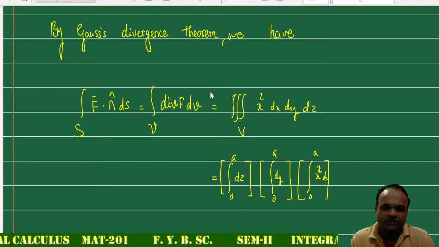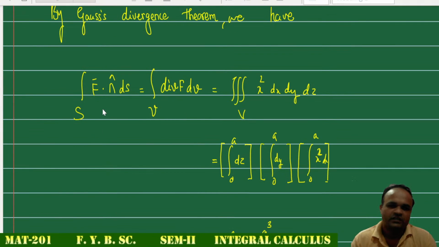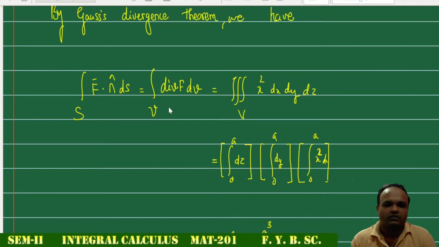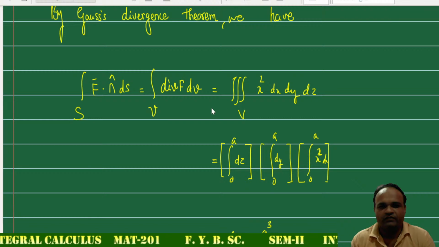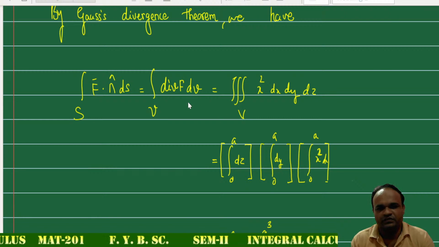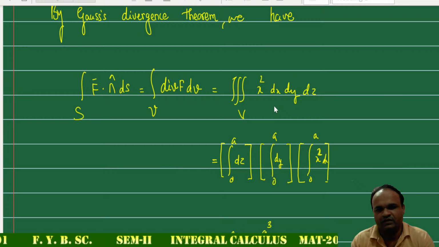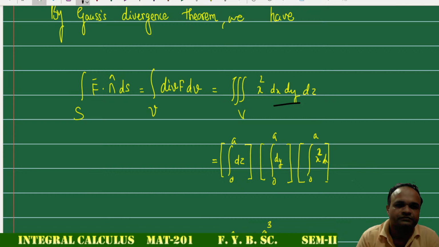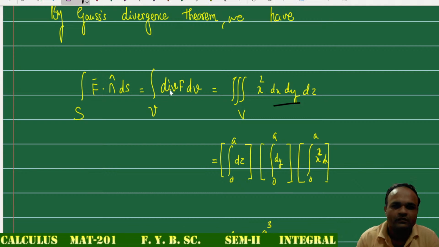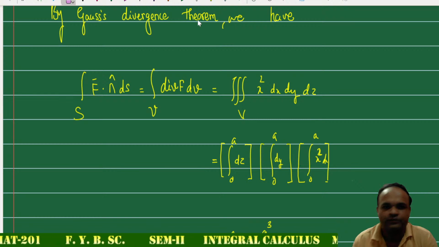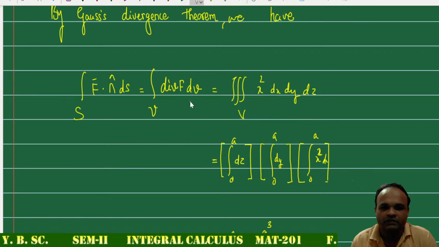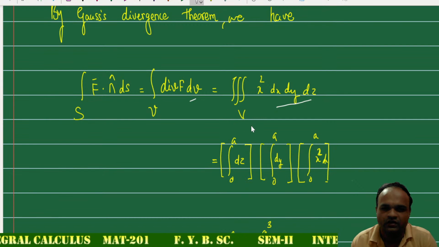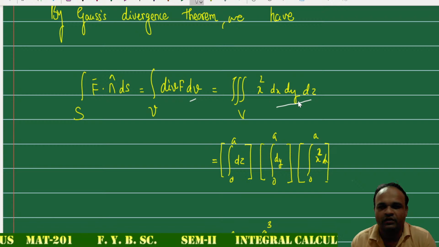Using the Gauss divergence theorem, we have the surface integral of f bar dot n cap dS equal to the volume integral over region V of divergence of f dV. We have already found the divergence of f, so let us put this in, and dV will be dx dy dz. So it will be the triple integral over region V of x square dx dy dz.